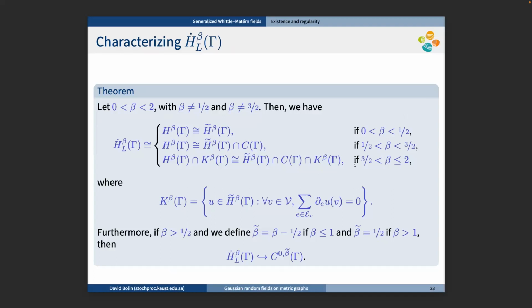That is very important for understanding how these models behave, but also for deriving results later on, say, when we do finite elements and want to do convergence analysis. The second thing that is important is the last row, which is essentially a Sobolev embedding result for compact metric graphs.